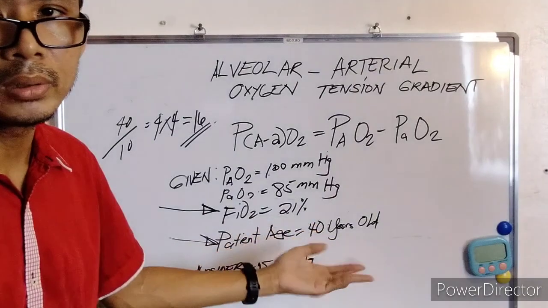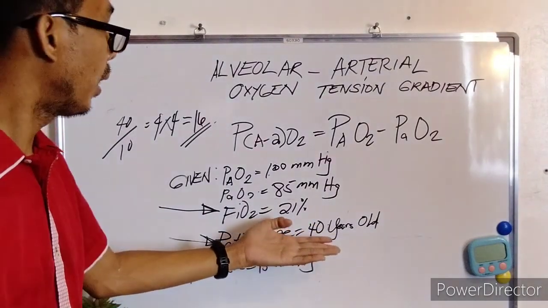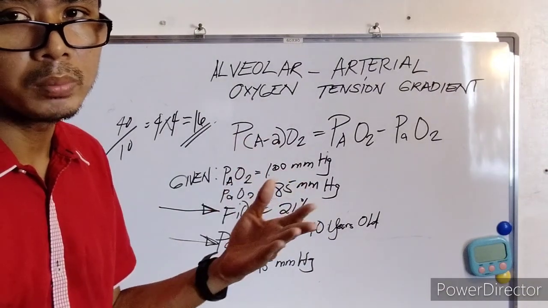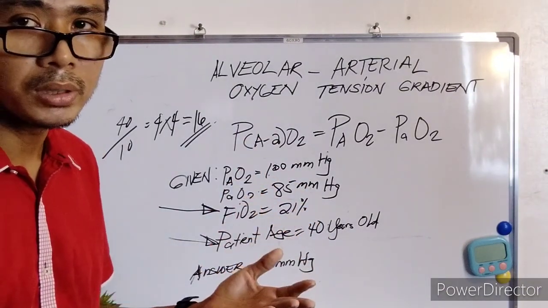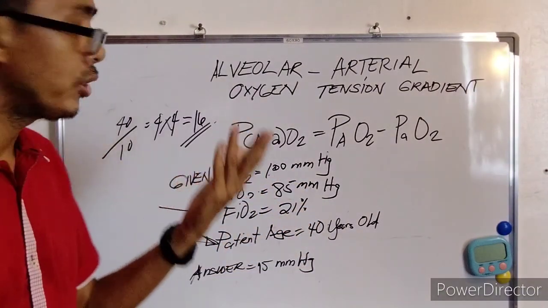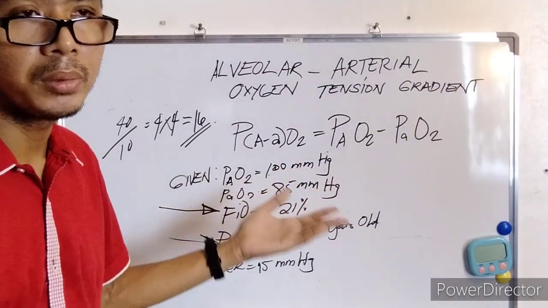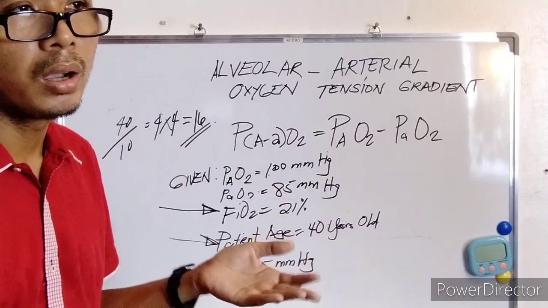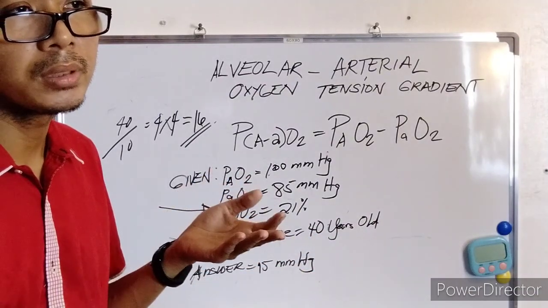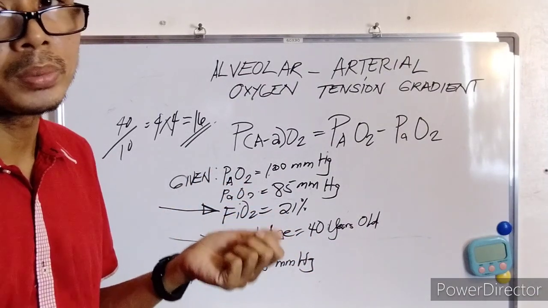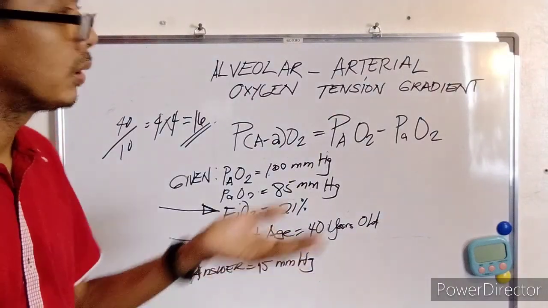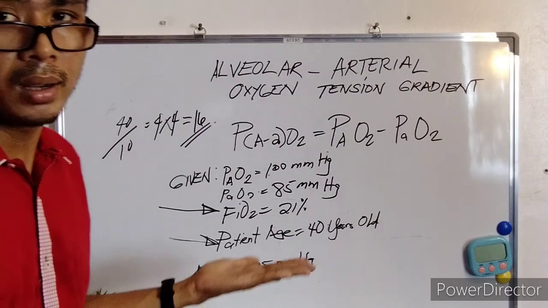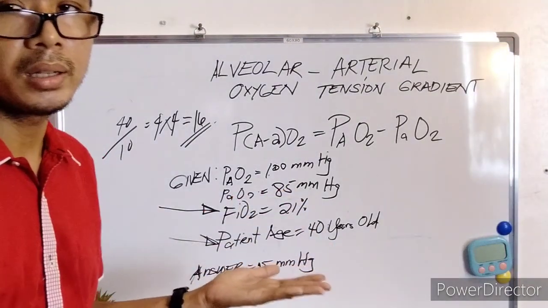What does the golden rule say? In every age of 10, the result must be less than 4 millimeters of mercury. If the patient is on 100% FiO2, in every change of 50 millimeters of mercury, there is a 2% shunt. So analyze the given figures in the equation.